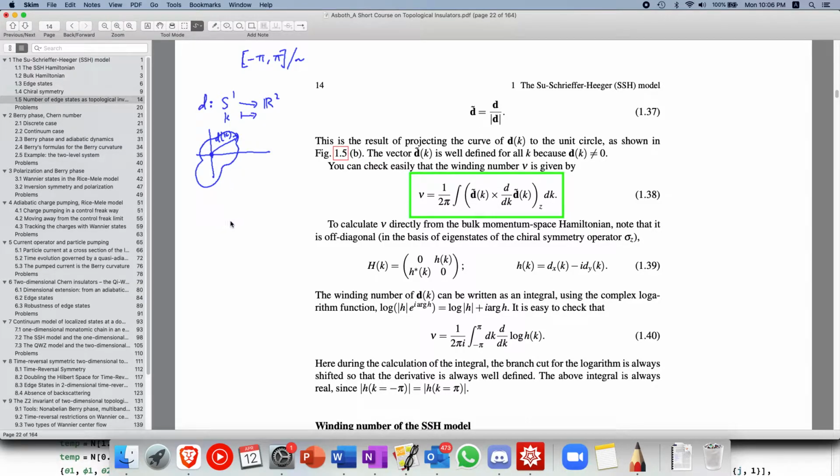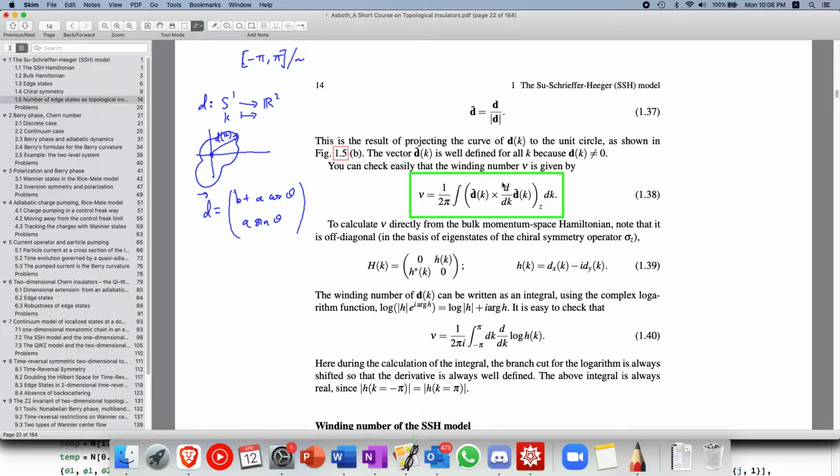So for the SSH model, we have the D vector given by the following, which is b plus a cosine theta, and a sine theta.